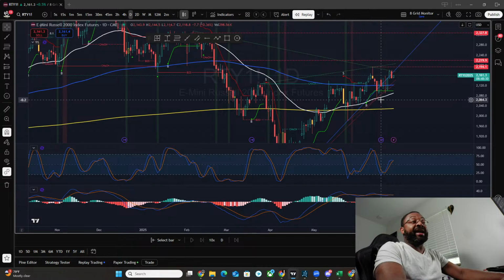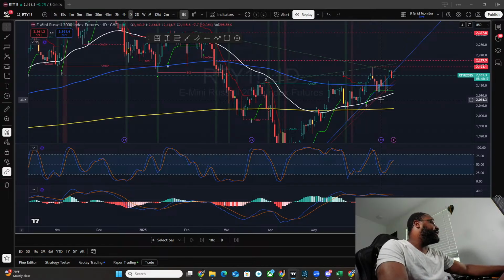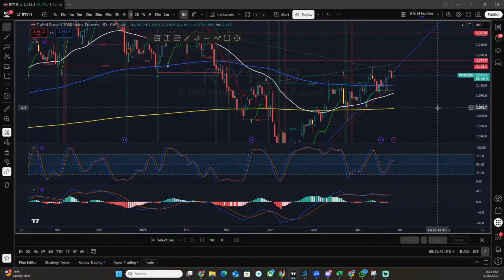There's more cash to be made on an international market than in the domestic market. A lot of the individuals in the Russell are most of your domestic stuff. So just keep that in mind. All right, let's go ahead and keep this going. I want to see what they do with this level. I think it could reject again at 21.94, and then we're going to get a true rally on the market, but we just got to keep that in mind.